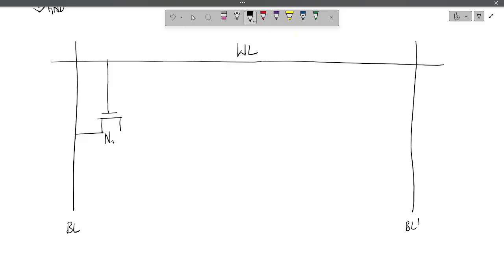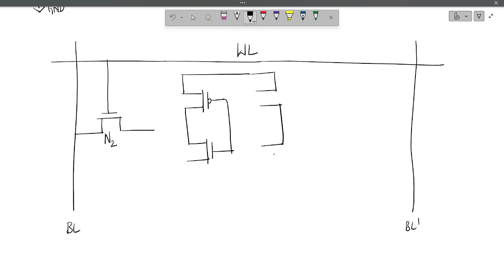Let us take this as N2, and here you have one PMOS transistor and one more NMOS transistor, and these both are connected like this, and here also one PMOS transistor and one NMOS transistor.